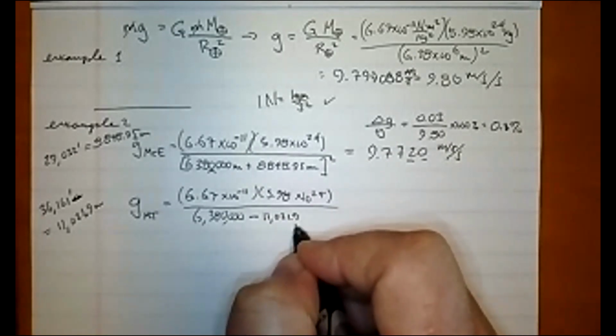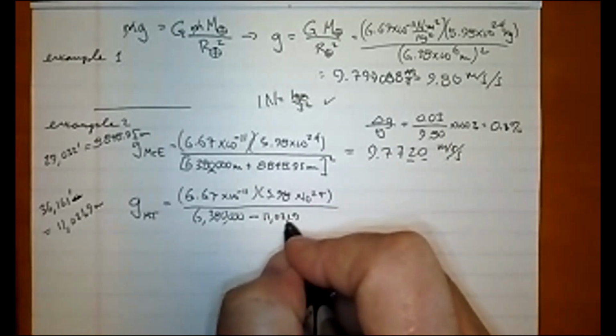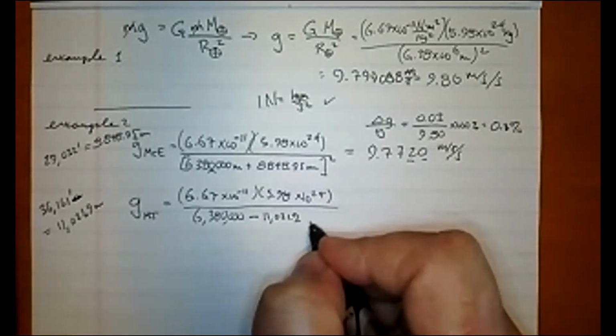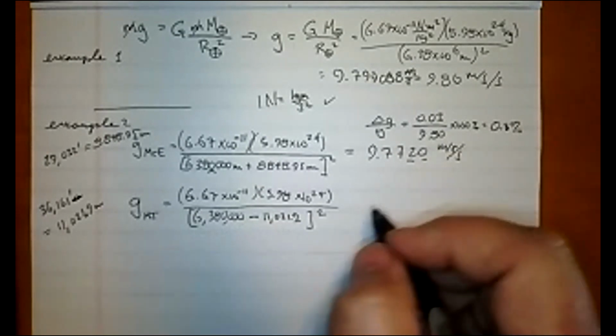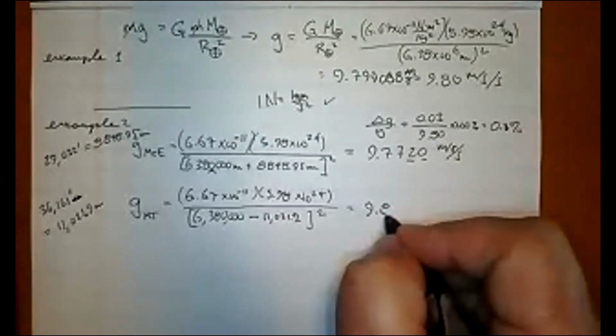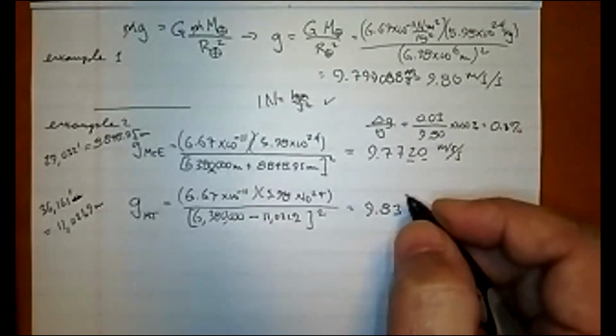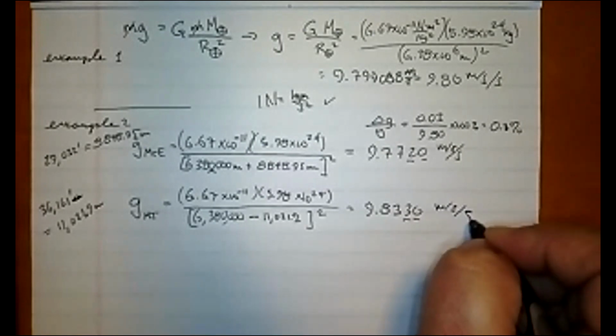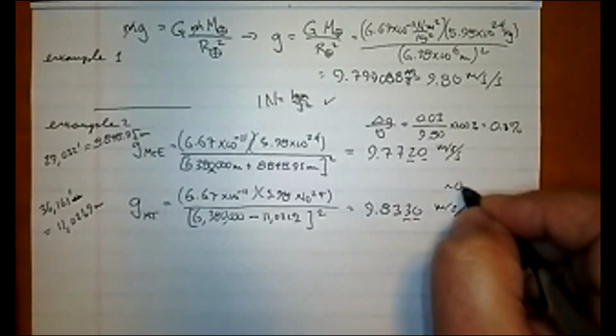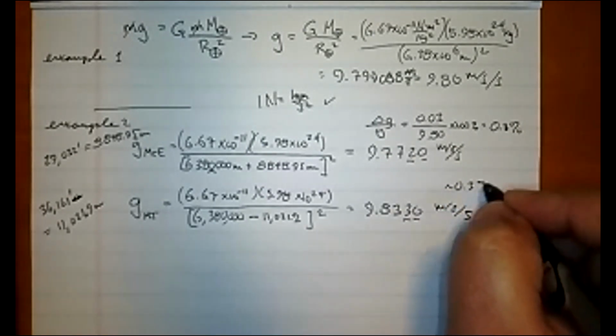And this one's actually got 5 sig figs as well, so that digit's extra. Now I got to square that, and lo and behold, that one's going to be 9.8330 meters per second squared, which I think you can tell is again about 0.3% different.